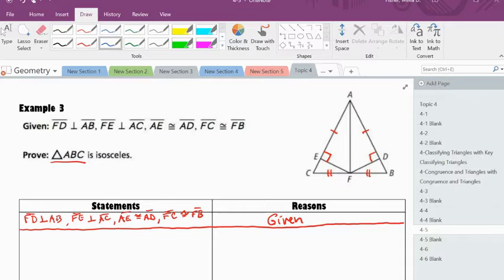We need to say that triangle AEF and triangle ADF are right triangles.